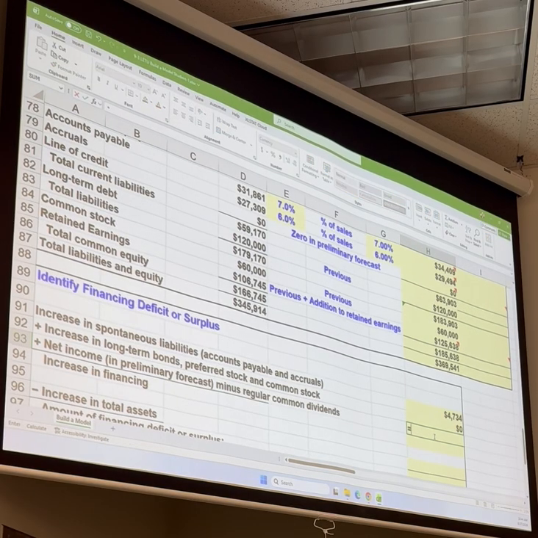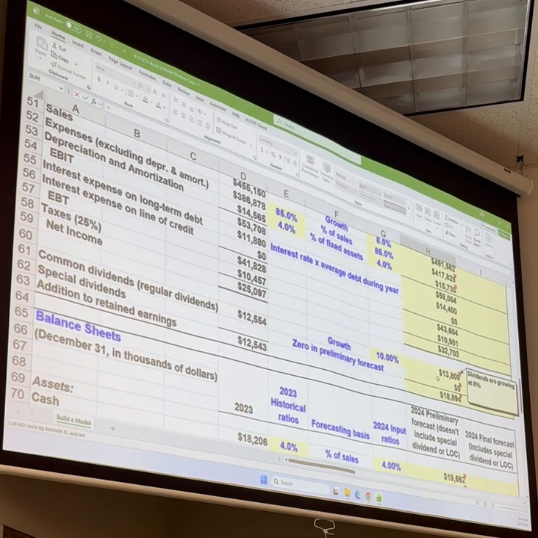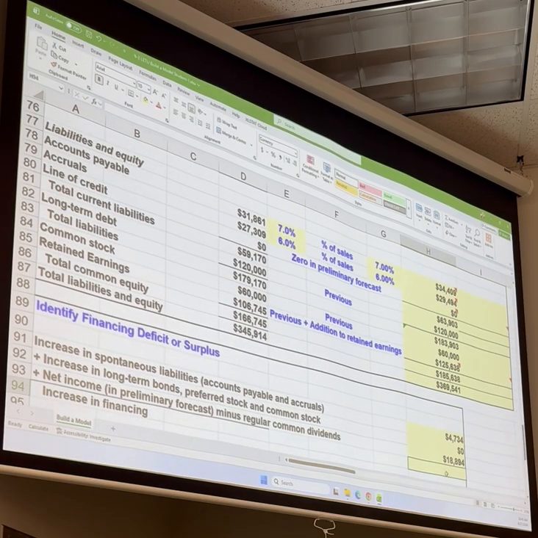Okay, so equals our net income minus our common dividends. Make sure I get that right. Is it the net income minus the common dividends, or the change in net income minus the change in common dividends?